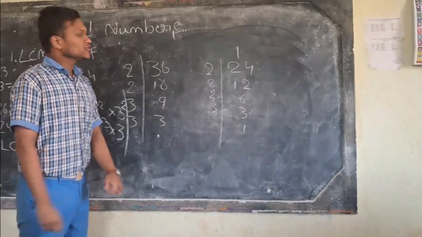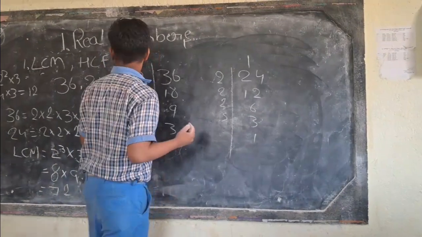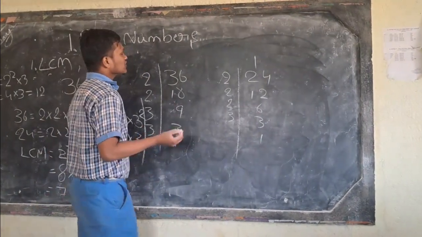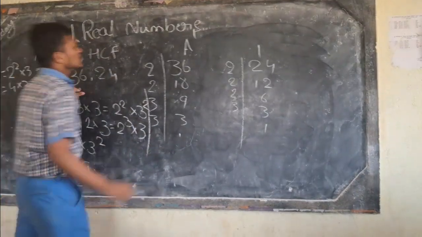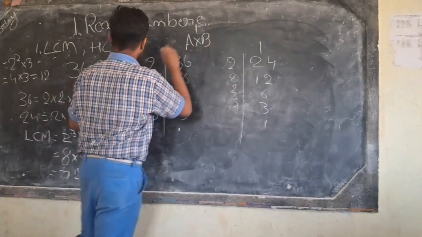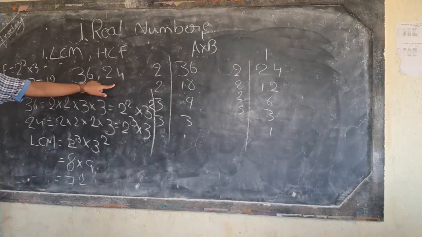Here in your textbook, they have given one relation about LCM and HCF. They say that A is the first number, which is 36, and B is the second number, 24.